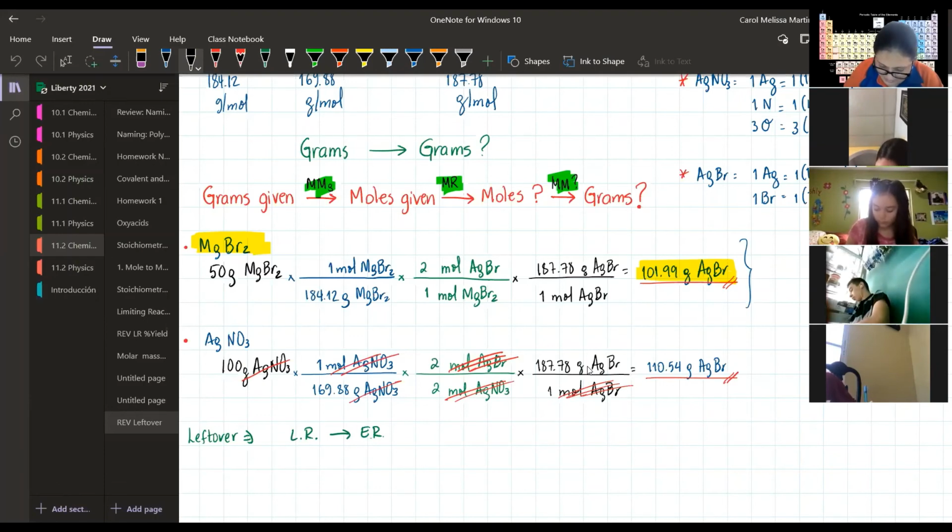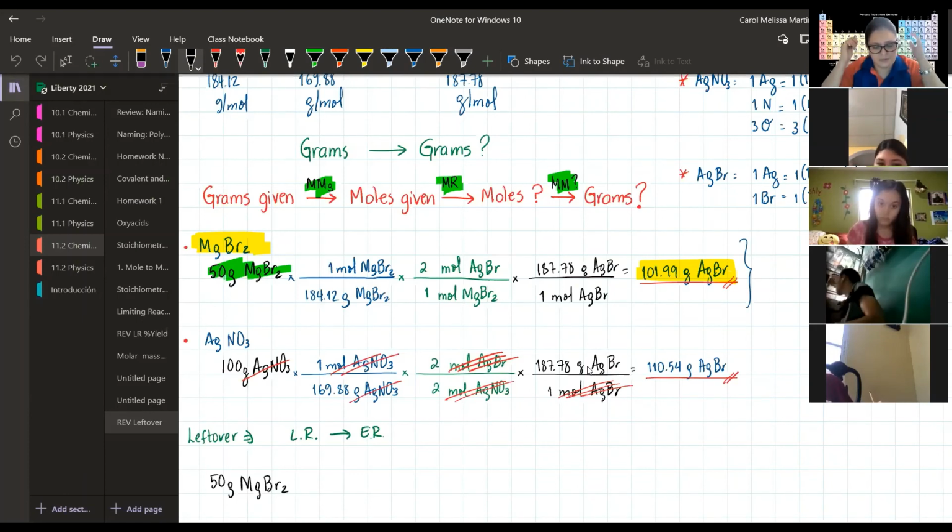The amount given of your limiting reactant is the 50 grams of MgBr2.